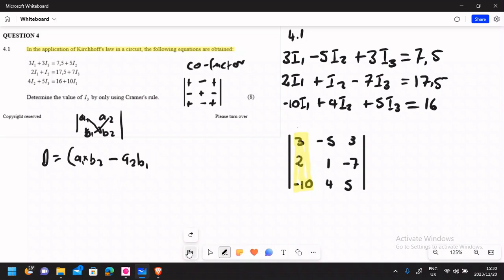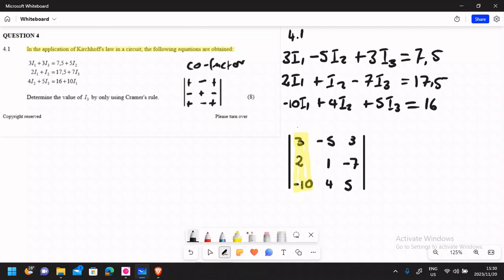So here we need to use a minor to find our determinant. We start here with 3. When you start with 3 as a minor, we have to cancel its row and column here, guys.